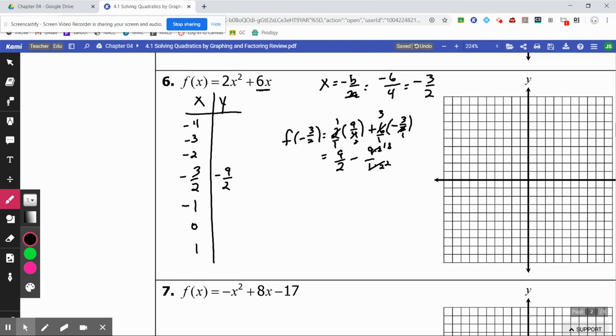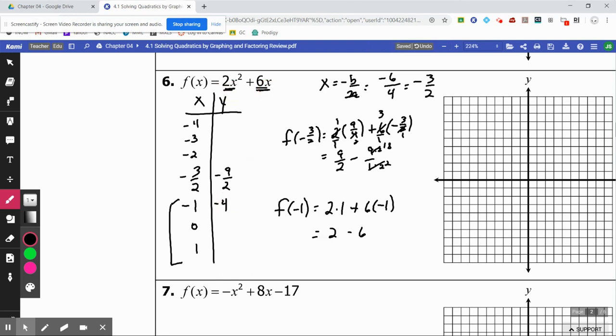Let's see. We'll start with these down here because I think it's going to be easier to plug them in. Let's find f of -1. 2 times -1 squared will be 2 times 1, and then plus 6 times -1, will give us 2 minus 6, which is -4. Plugging in 0 will be pretty easy.